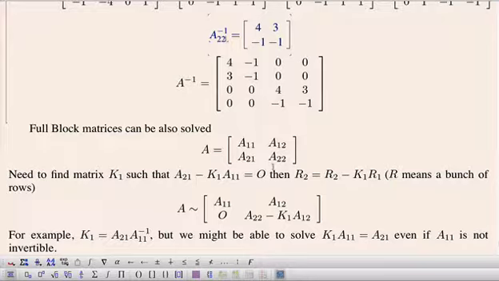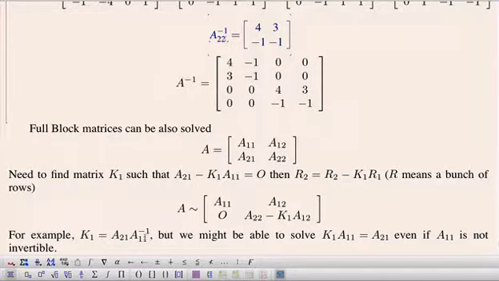Here we get A22 minus K1 A12. And the first block row does not change. To get A21 minus K1 A11 equals 0, one way to do it is to rearrange it, and you see that K1 is supposed to be A21 times A11 inverse.